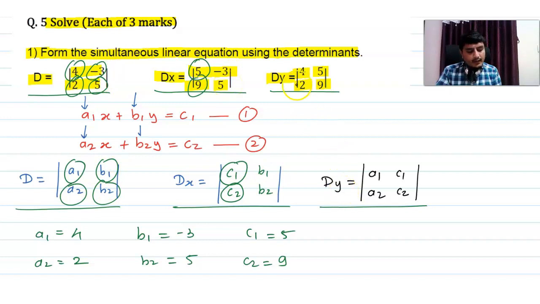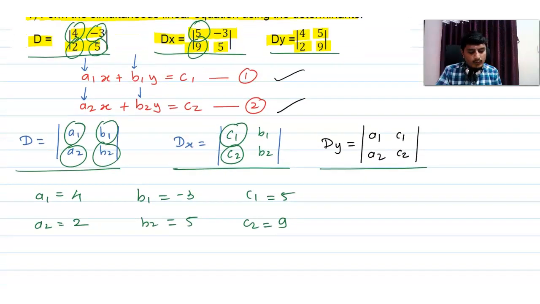Now compare Dy: a1 and a2 are the coefficients of variable x, so 4 and 2 remain unchanged from D, while 5 and 9 are the constants, the values of c1 and c2 again.